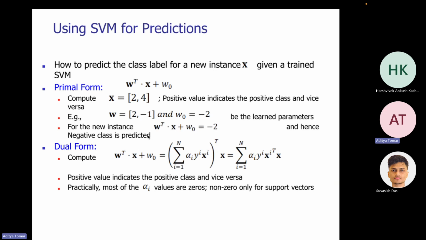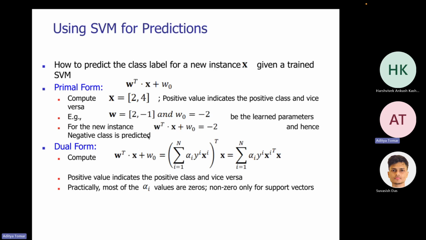We know which are the support vectors. Some alpha i are support vectors, and we know the corresponding input data points during training, let's say the training data points xi. So we just figure out which alpha i are part of the support vectors and what the corresponding input data points were during training. We multiply that with x star, then add b, and take the sign of it. If this is greater than 0, this is plus 1.